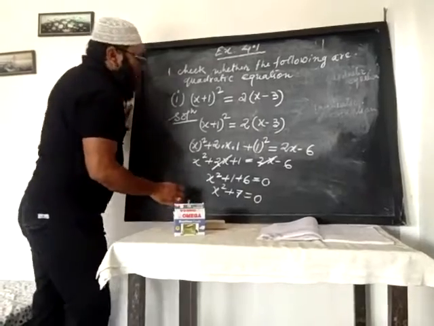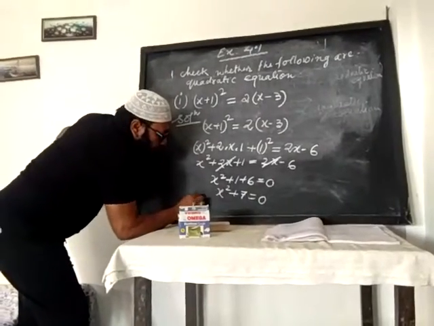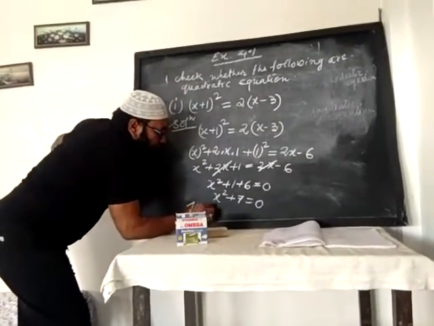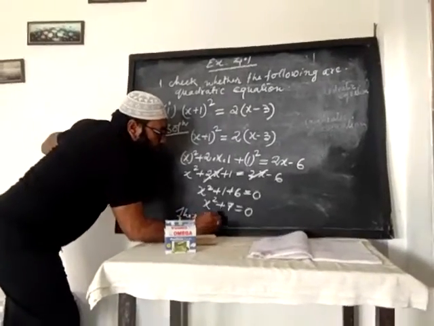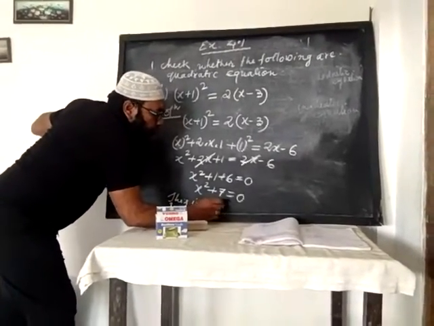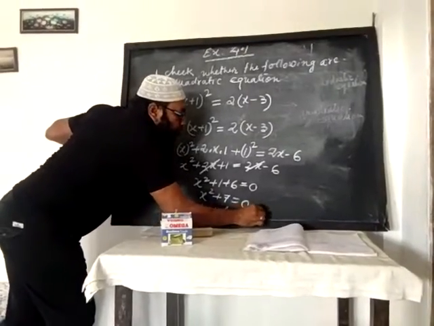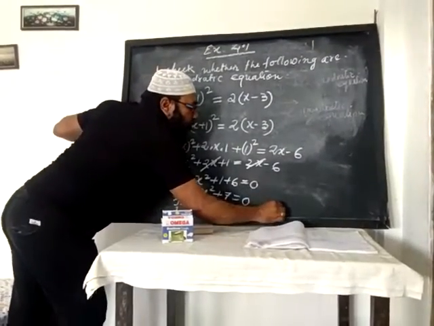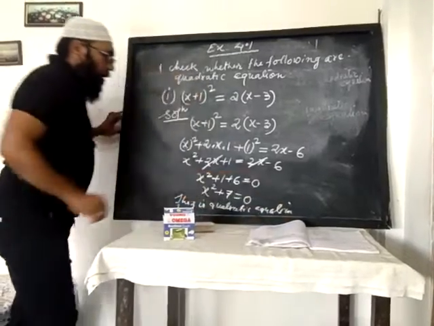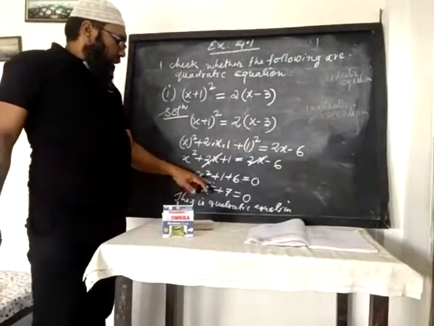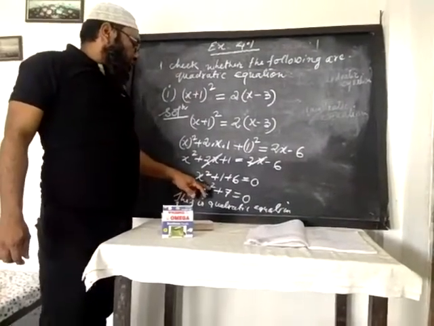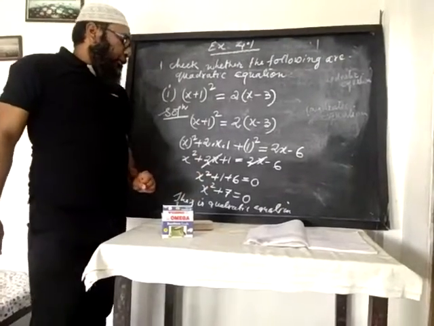This is a quadratic equation. This is correct. Why? Because the highest power of the variable is 2, so it is a quadratic equation.